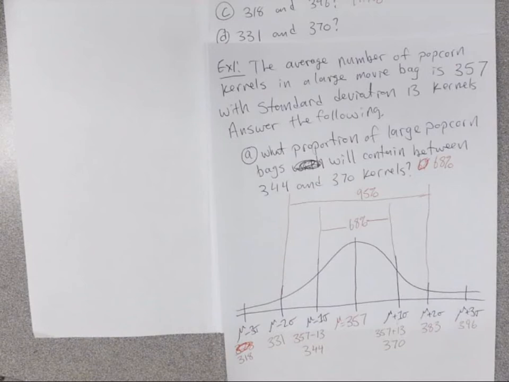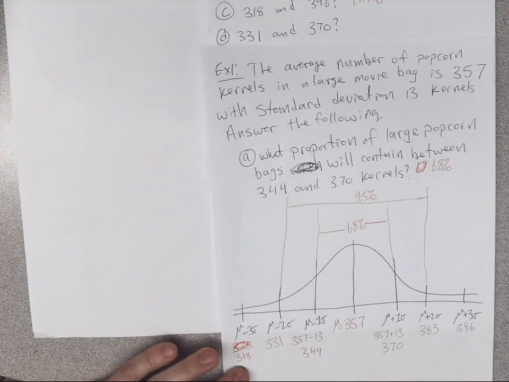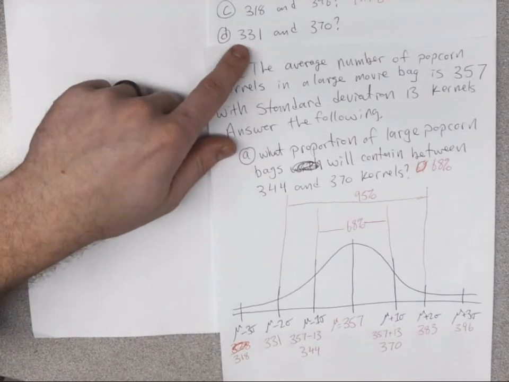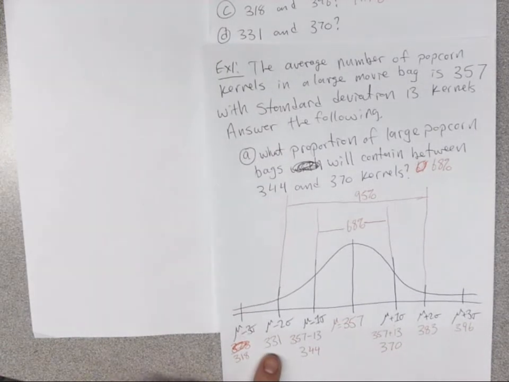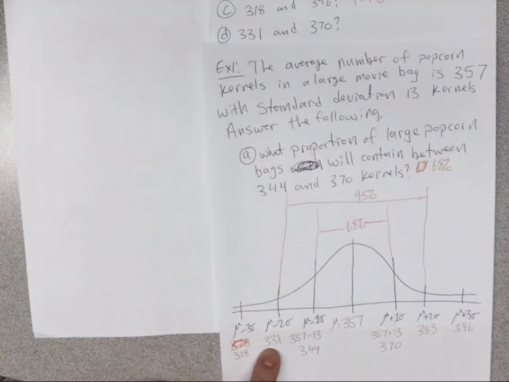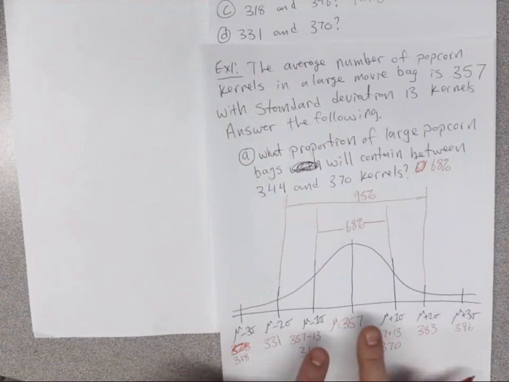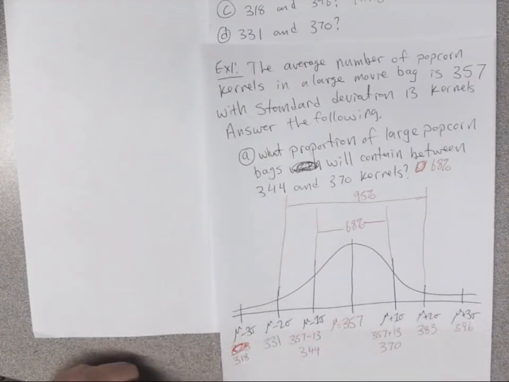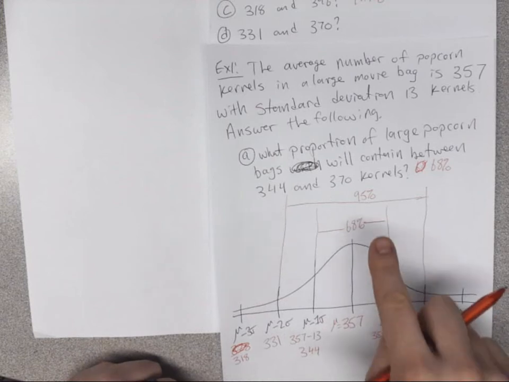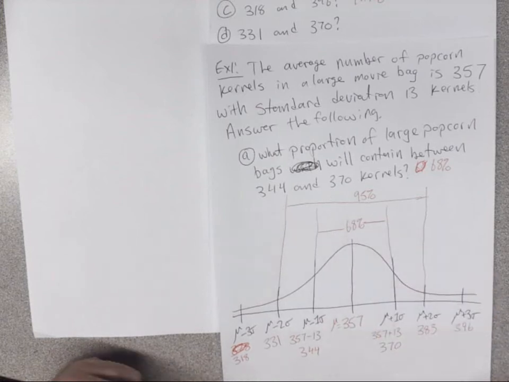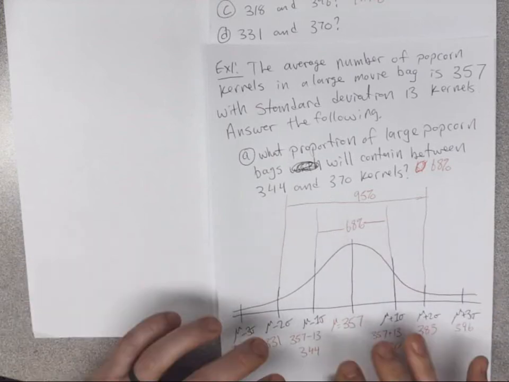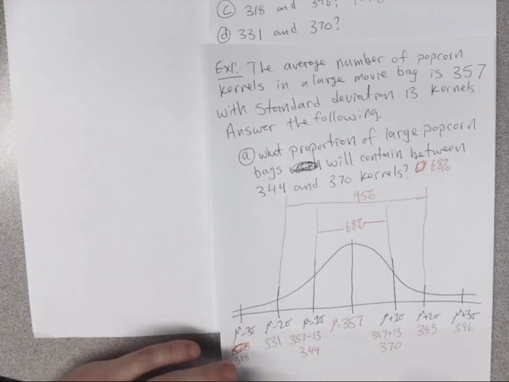This will be a great opportunity for you to dig into this a little bit more and give it a try and come back and see me whenever you're done. So let's look at our points here. 331 is minus 2 standard deviations and 370 is plus 1. So we're no longer working within these pretty boundaries that we set, the 68, 95, 99.7 rule. So now we have to dig in a little deeper and start splitting things up.